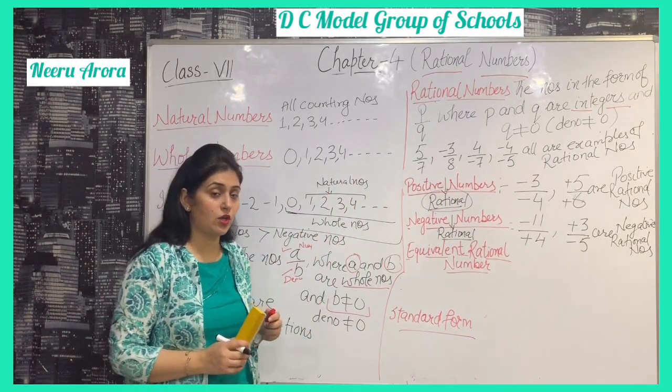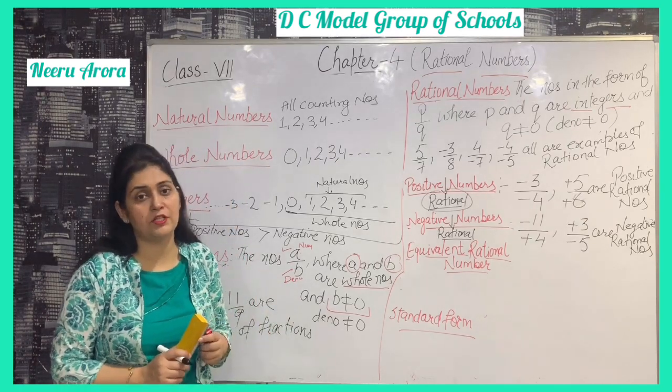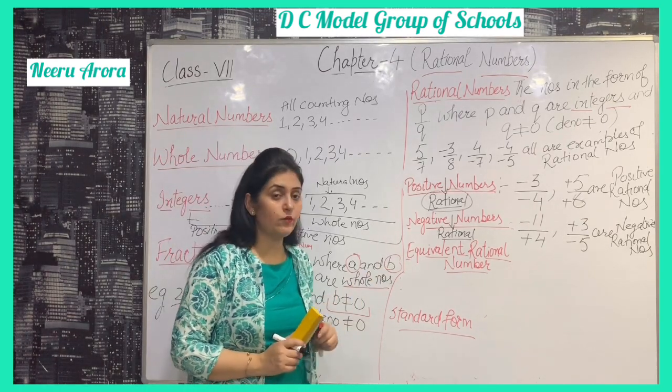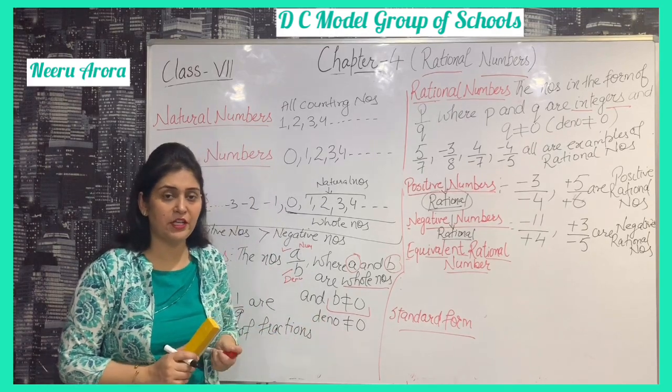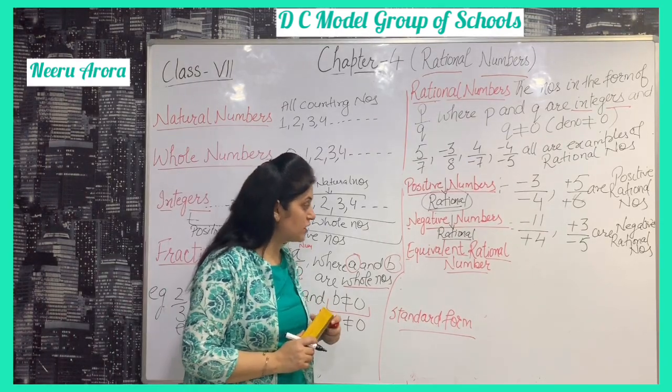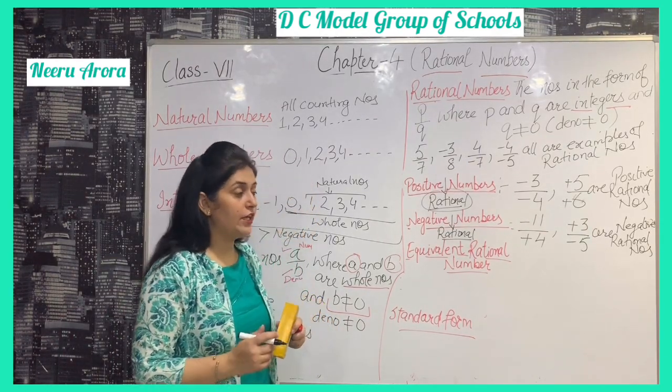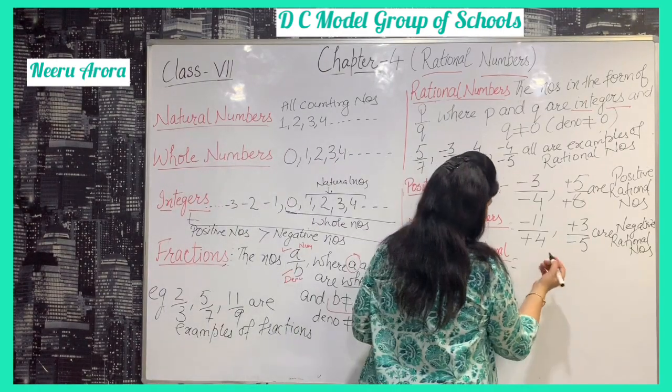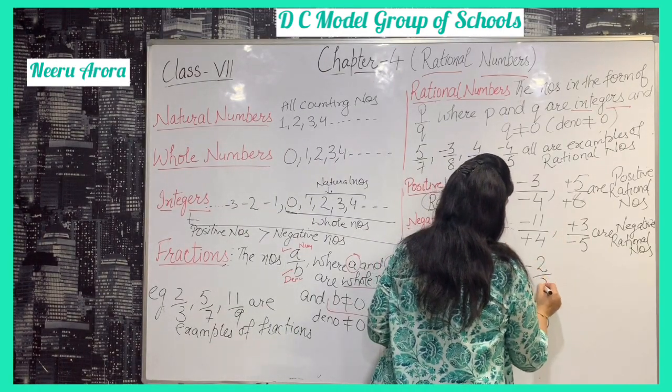This is our today's topic, your new chapter on rational numbers. Now what is an equivalent rational number? We have done equivalent fractions. Suppose we take a rational number, minus 2 by 3.